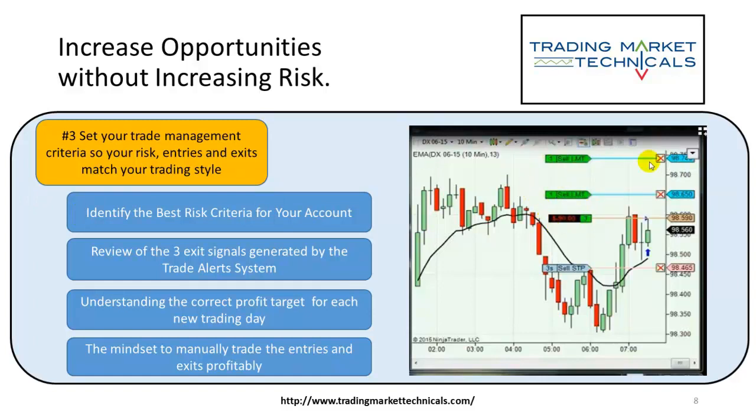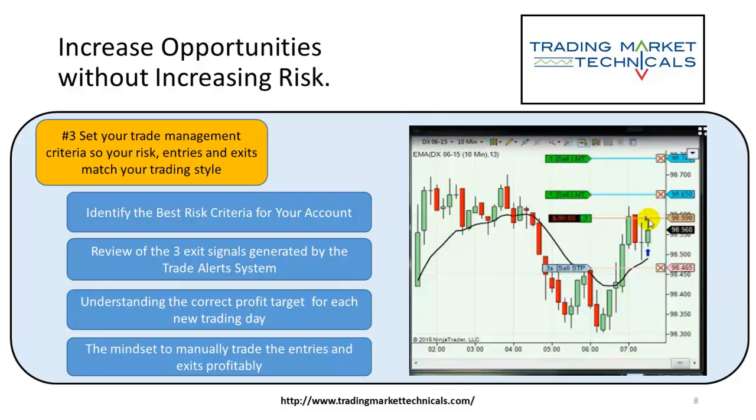Originally, when the system is alerting you to get into a trade, in this example the DX, a long trade, you would see this one flag right here, and you will see the entry for 98.59. So you would go to your platform and put in an order to go long the DX at 98.59.